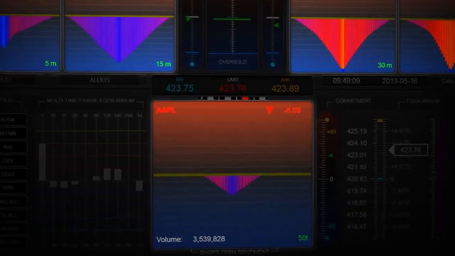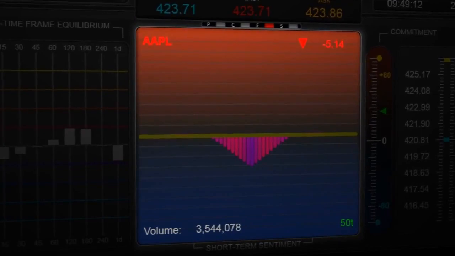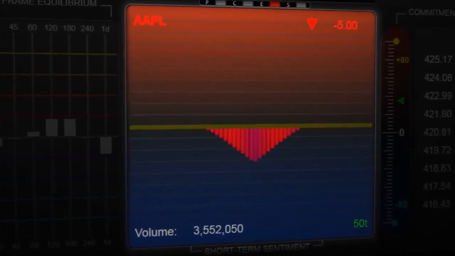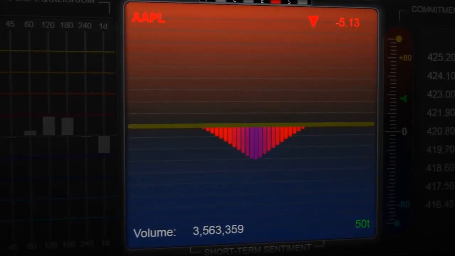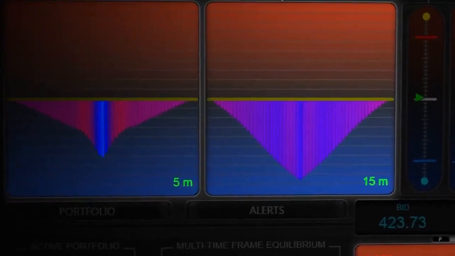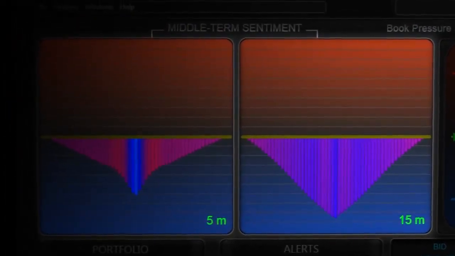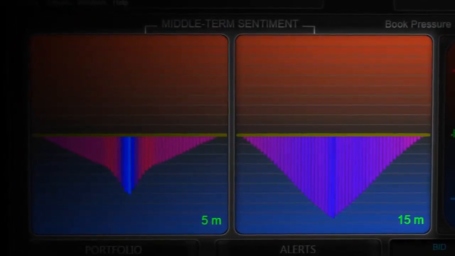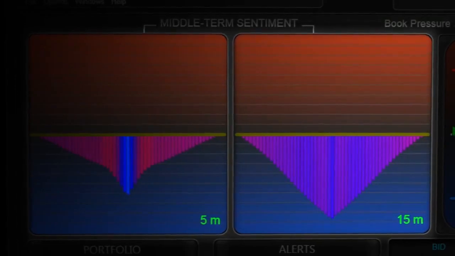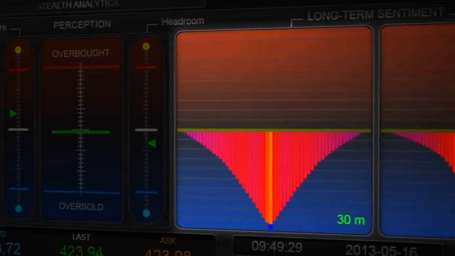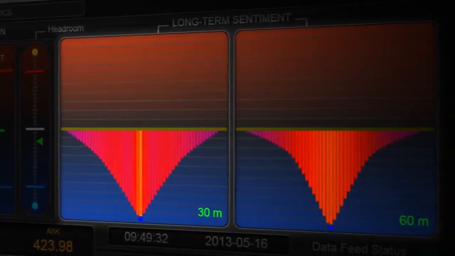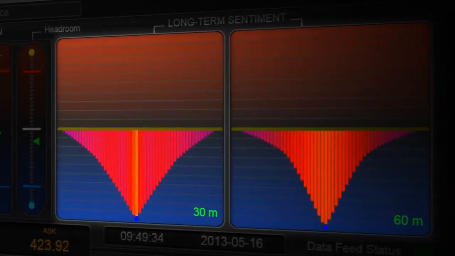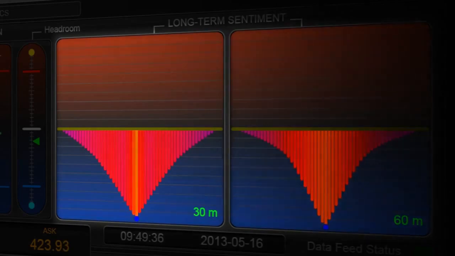The short-term sentiment gauge captures the last 50 trades and typically shows the sentiment of very short-term momentum traders. The 5 and 15-minute time frame based gauges are considered to be the indicators of the middle-term traders' sentiment that generally reflect traders' bias over the next few hours of market activity. The 30 and 60-minute sentiment gauges reflect trading behavior over the next 1 or 2 days.